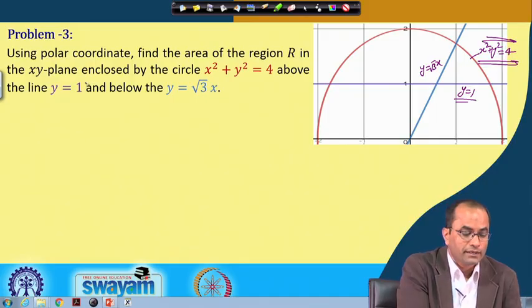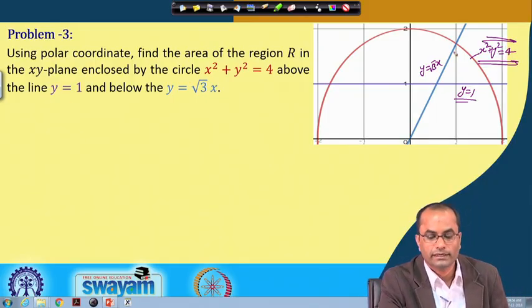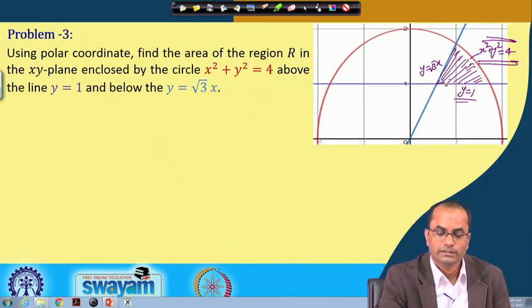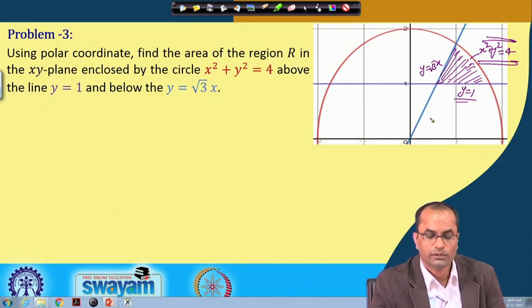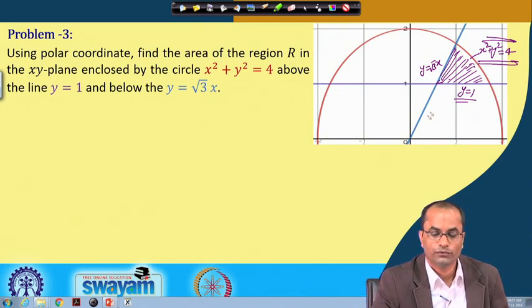Now, the region is enclosed by the circle, above by this line and below by this line. So, this is the region whose area we want to find using polar coordinates. In this case, we have to see the limits for r and also for theta.